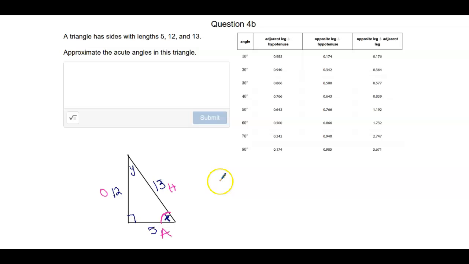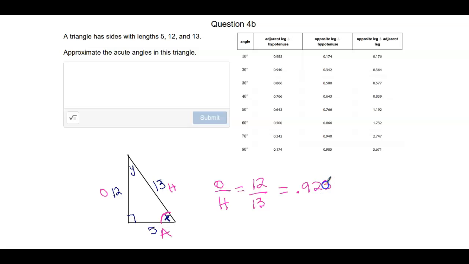So we have the sine, or the opposite over the hypotenuse, is 12 over 13. And if we divide 12 by 13, it's going to be really close to 1. 0.923. So this is equal to 0.923.